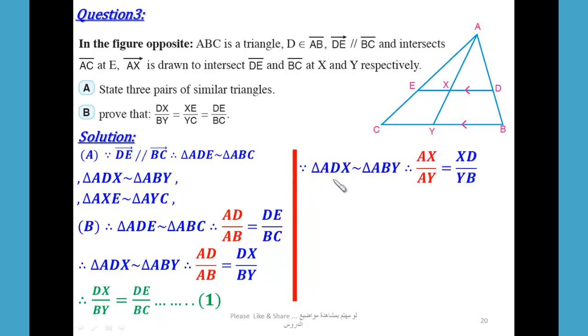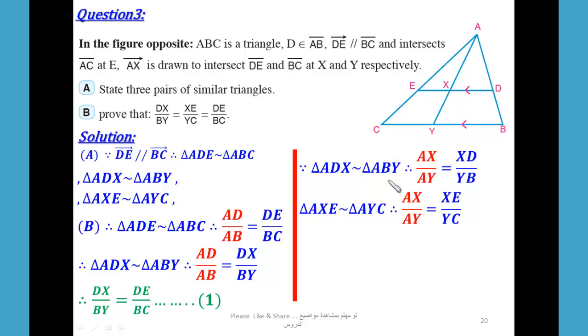Since triangle ADX is similar to triangle ABY, then the corresponding sides are proportional. What does that mean? We mean that AX over AY equals XD over YB. Triangle AXE is similar to triangle AYC.